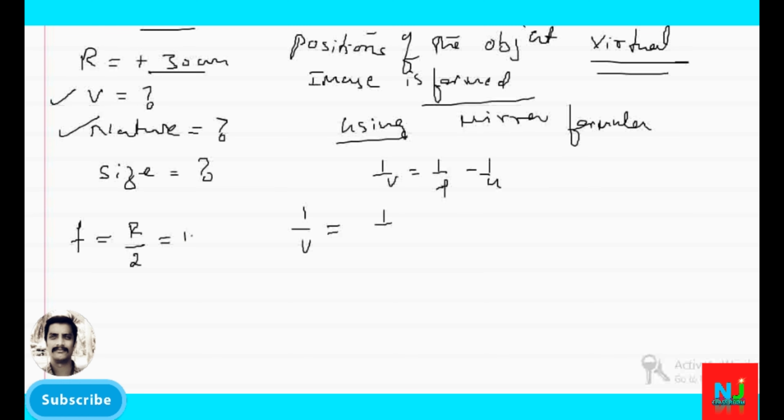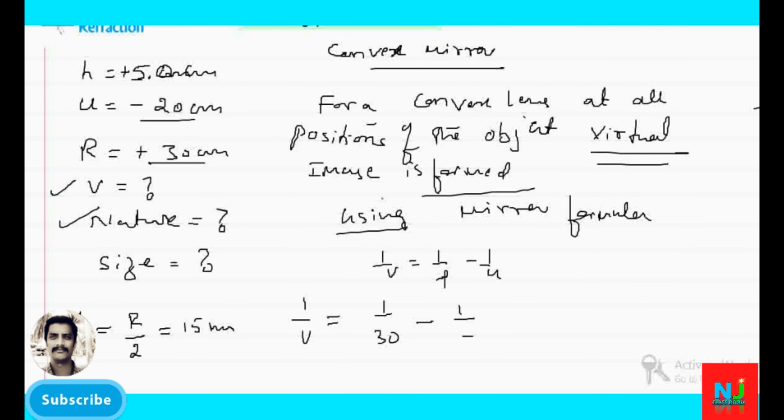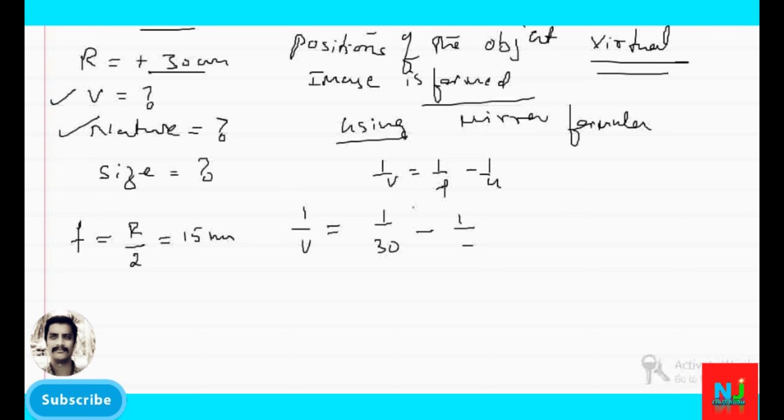So it is equal to 15 centimeter, because 30 by 2 is 15 centimeter. So 1 by 15 minus, what is the u value? u is equal to minus 20 centimeter. So minus minus cancel, it is equal to 1 by 15 plus 1 by 20.